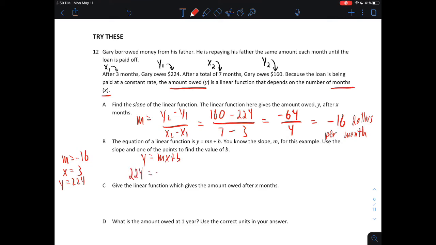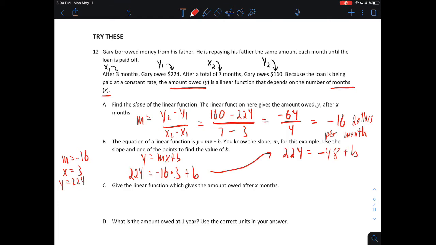Instead of m, I have negative 16. I have to multiply that by x, which is 3, and then I've got plus b. So now what that looks like is 224 equals negative 16 times 3 is 48 plus b.